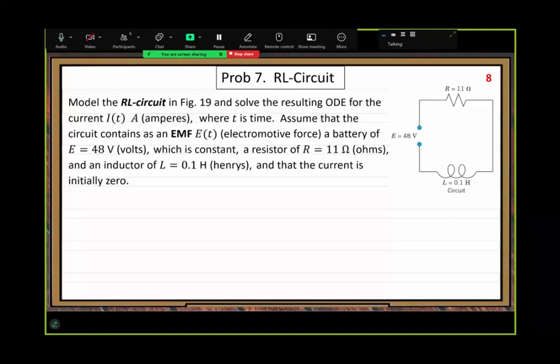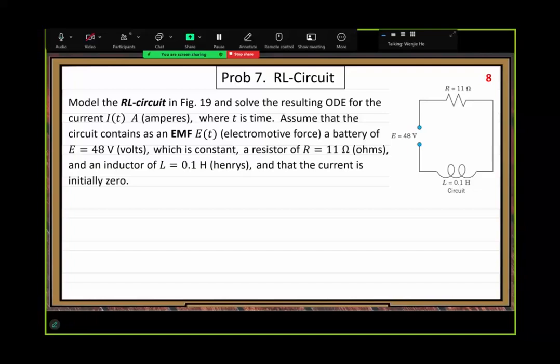So start at time 0, then you connect E. You connect E, so there is a force, right? The electric current changes from 0 to I of t. There is a change. So here the question is how to calculate that I function.